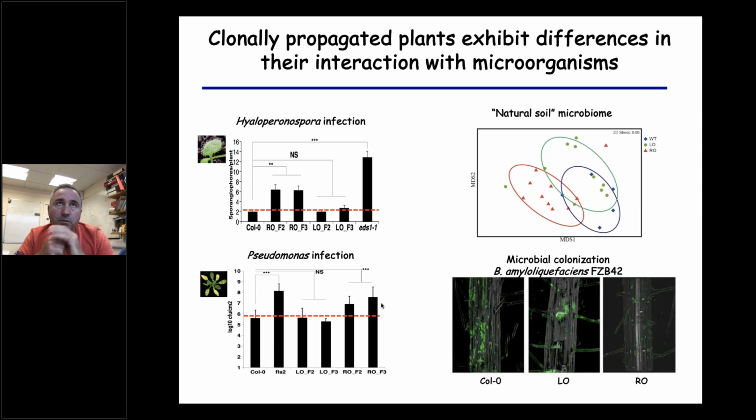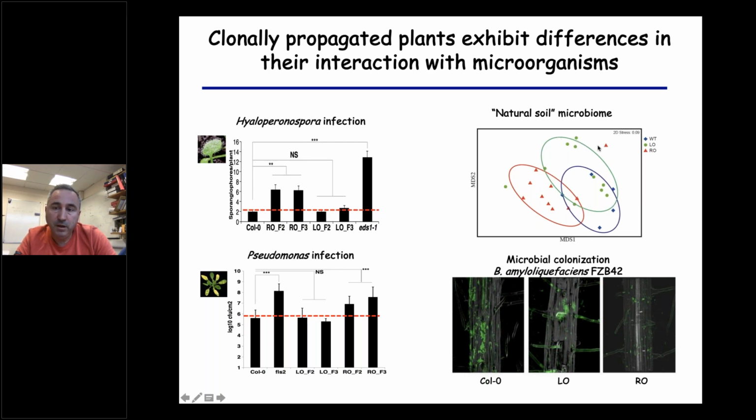So when we carried out this analysis, we realized that maybe we should be looking at beneficial microorganisms as well. For that, we conducted a microbiome analysis in the plants that were cloned from leaves or roots. What you can see here in this PCA are the differences in the bacterial communities.